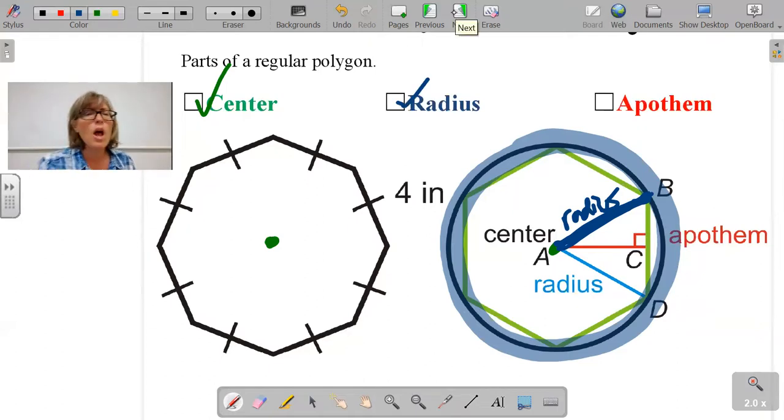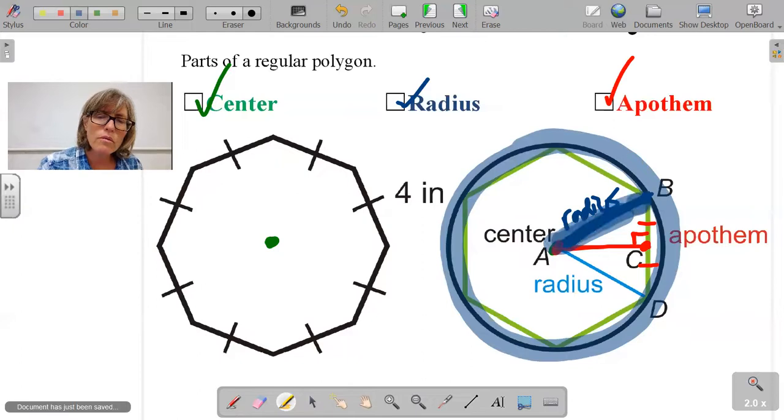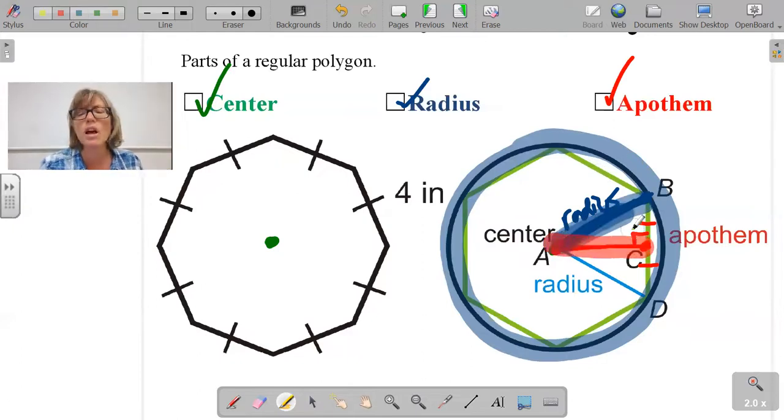Here's the new term, an apothem, I'll use that interchangeably, goes from center to midpoint of a side, and the apothem bisects the side, and makes a right angle. So the radius goes from center to corner. The apothem goes from center to midpoint of a side. You need to know the difference.